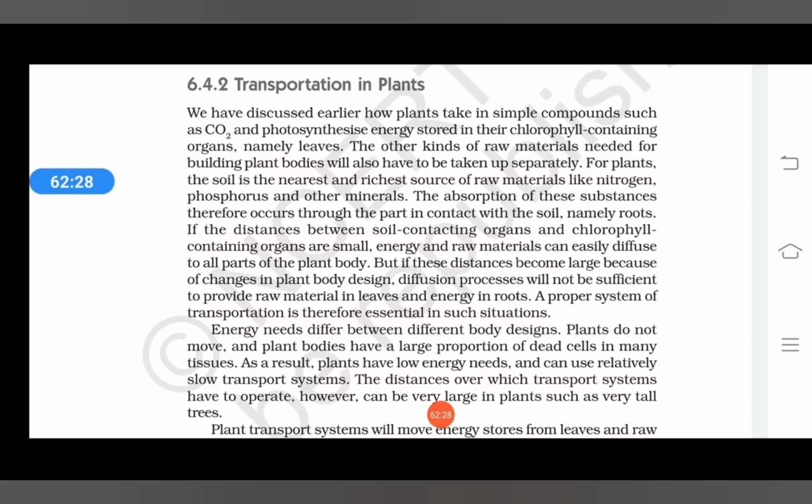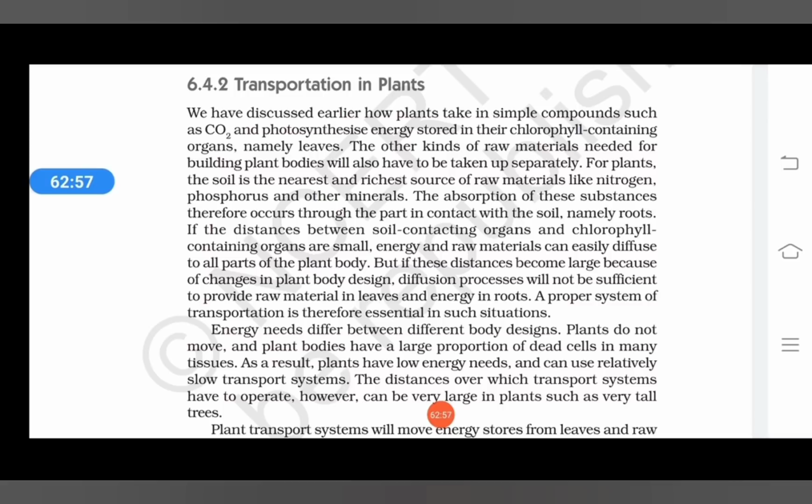But if these distances become large because of changes in the plant body design, the diffusion process will not be sufficient to supply raw material. A proper system of transportation is therefore essential in such a situation.